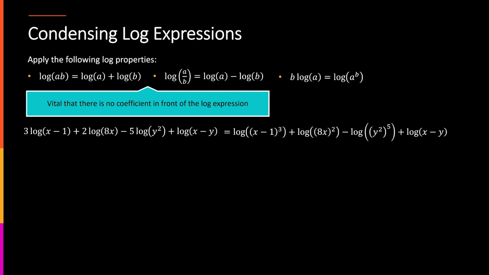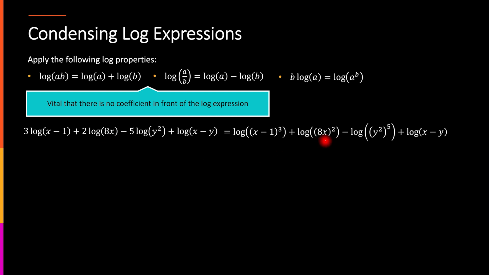So if we do that first, we take, for example, that 3, put it up as a power, so now we have log of x minus 1 cubed. Instead of having that 2 times log of 8x, I'm going to have log of 8x squared. Be careful, because I'm not just putting the 2 on the x. It's the entire argument. So that 8x ends up being squared.